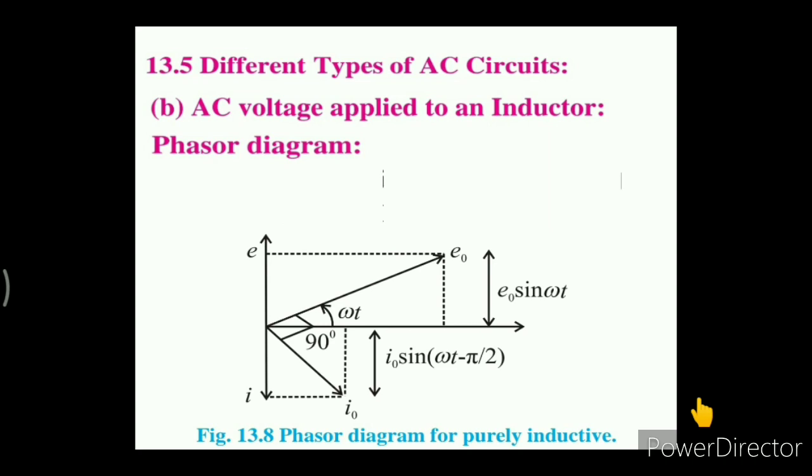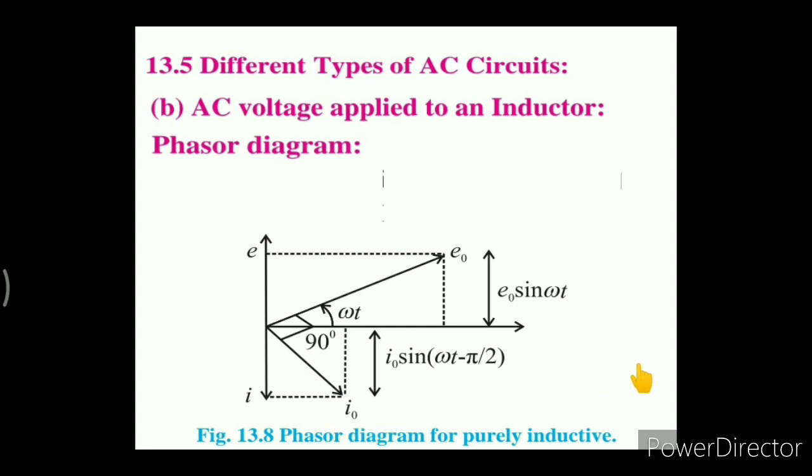Now let's have the phasor diagram for the purely inductive circuit. The phasors represent the peak values of EMF and current: the peak value of the EMF is E0 and the peak value of the current is I0.